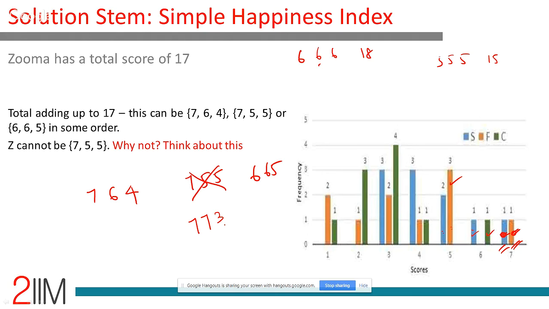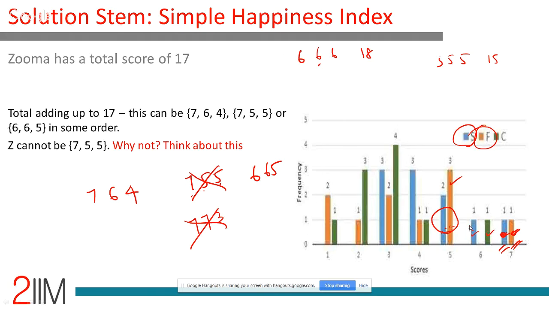So 7 7 3 is ruled out. 7 5 5 is ruled out because 5s and 7s are both from social support and freedom. So we cannot have a 7 and 2 5s coming from justice. So that's ruled out. So we got a 7 6 4 or a 6 6 5 for Zuma.